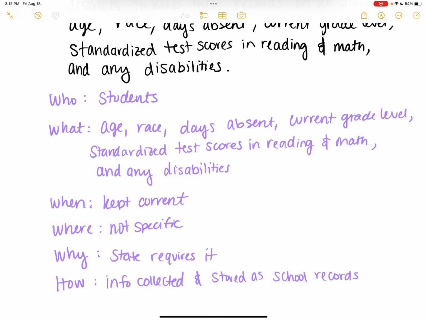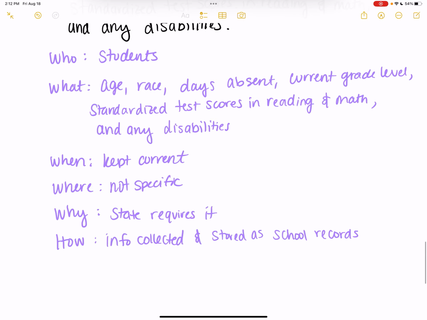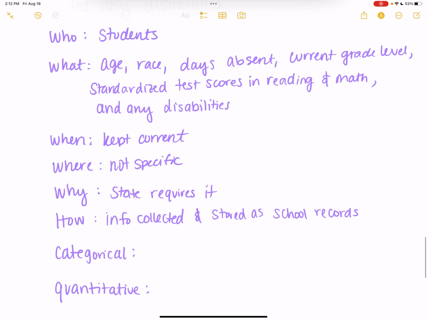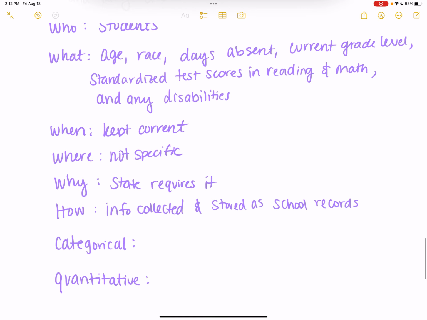So now we need to take those variables and determine if they are categorical or quantitative. So we're going to write down categorical, and I'm going to also write quantitative so that as I go through the list, I can put each in its right spot.